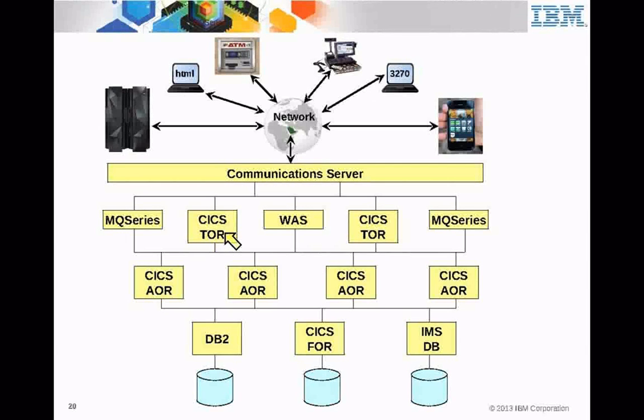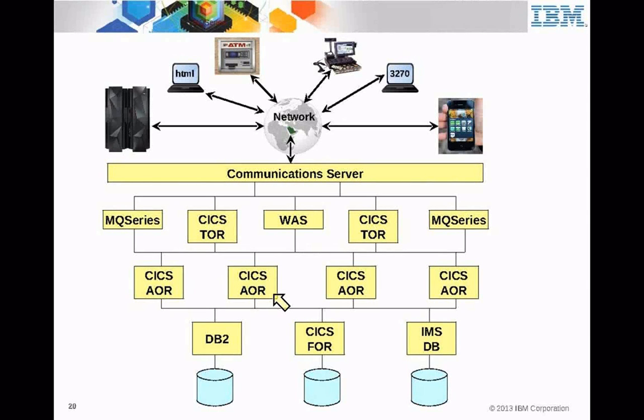They'll take a CICS and say, this CICS is a terminal owning region. I'm going to handle the terminal traffic. And then when a transaction comes in, that transaction is going to go to the application owning region. The application owning region is where the program will get loaded for processing.